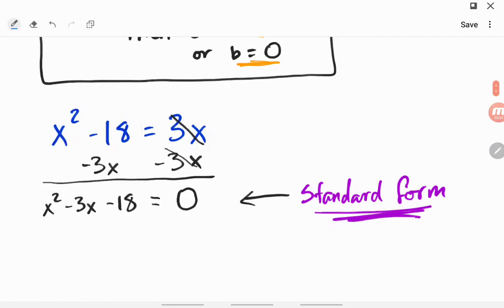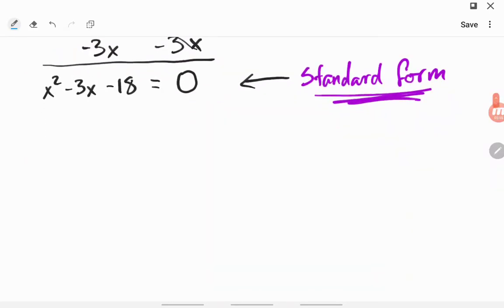And let's switch up our colors for the next step, okay? Now what we have is our quadratic equation, ax squared plus bx plus c equals 0. That's standard form. But what we need to do now is factor this. Now, normally, you would have just the x squared minus 3x minus 18.